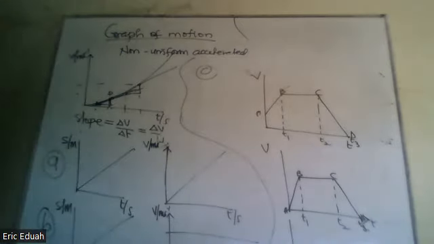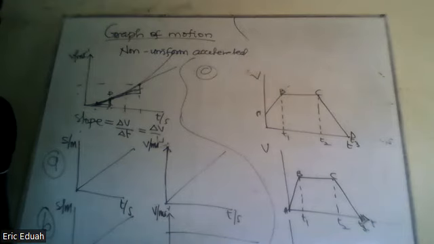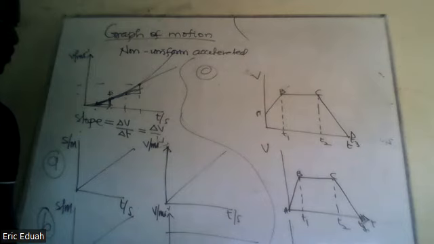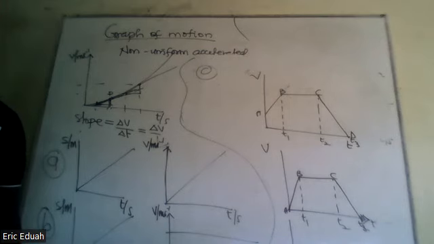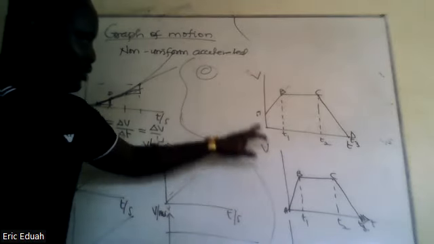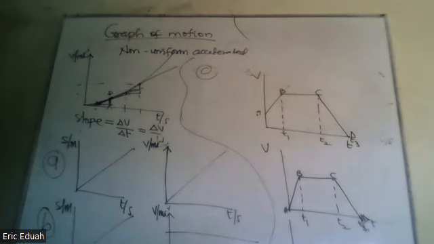Let's come here. What is happening? A body at rest starts accelerating. No, these two are not the same. The body was moving with a certain velocity from point A and accelerates uniformly to point B within a time interval t1.